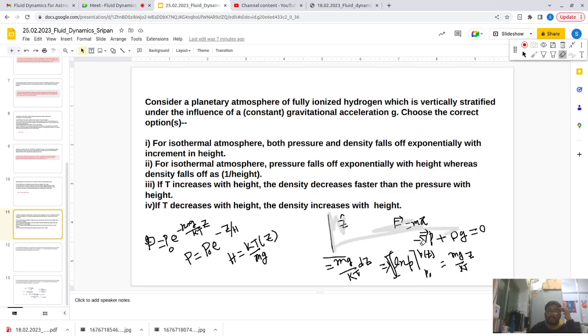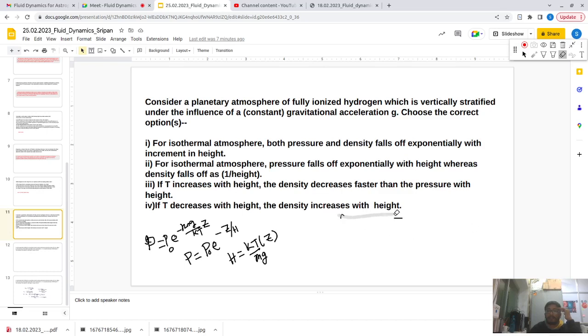So if we just write it, let me write it fresh. ln p(z) over p naught is minus the integral from 0 to z of mg by kT(z) dz, as T is a function of z.